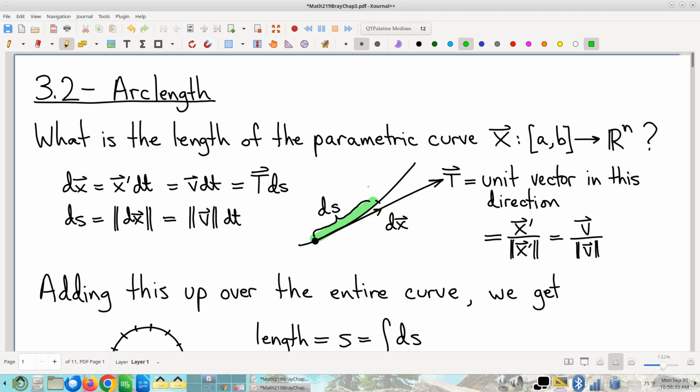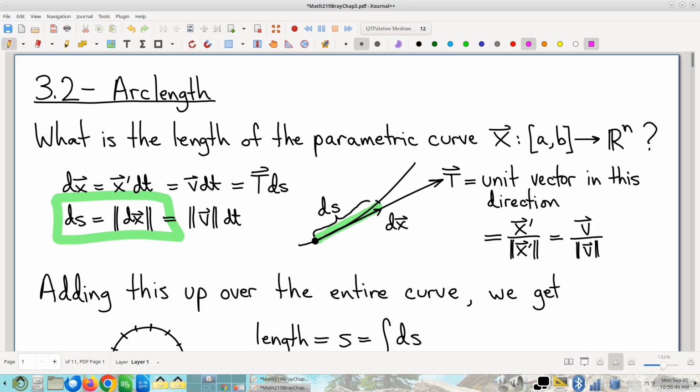I'm going to point out that a pretty reasonable thing to say is that the best linear estimate of the length of the piece of curve is the magnitude of the position differential. dx gives you a displacement. A distance is just the magnitude of the displacement. Is that satisfying? Okay. All right.